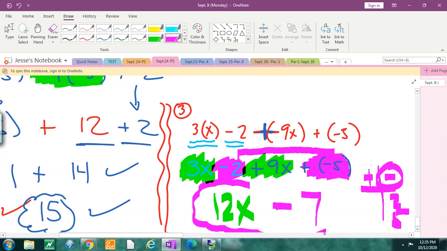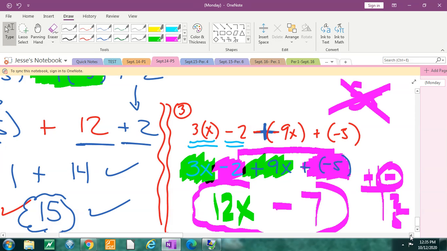Now, there's going to be an answer where I'm going to put 5x because a kid's going to subtract these, 12 take away 7, but you can't do that. You can't subtract 12 because this one does not have an x. So make sure you understand that for the quiz. All right? So here we go. 3.